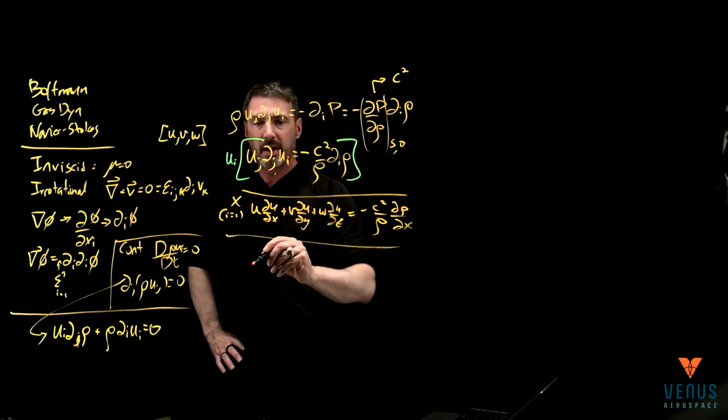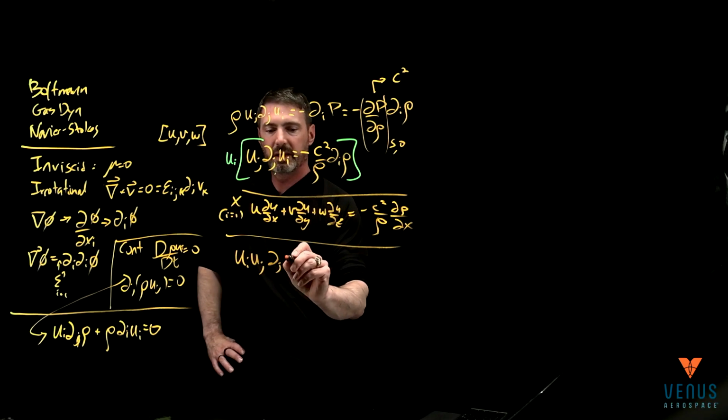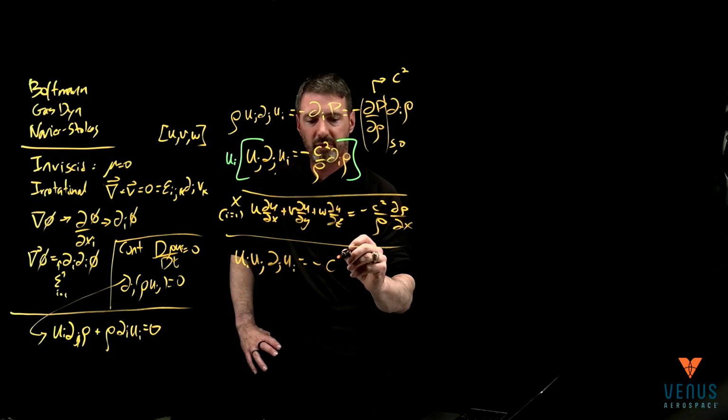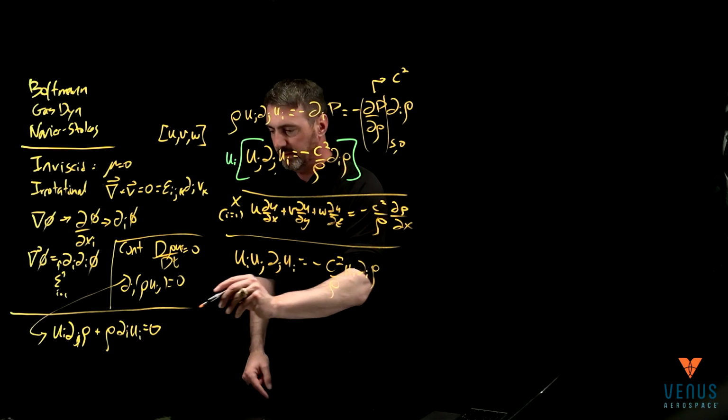Really, I'm taking the dot product of this with the x momentum, the y momentum, and the z momentum. Okay, and so now we have u_i u_j ∂_j u_i, and that's equal to negative c squared over ρ u_i ∂_i ρ. Okay, well, let's look at this.